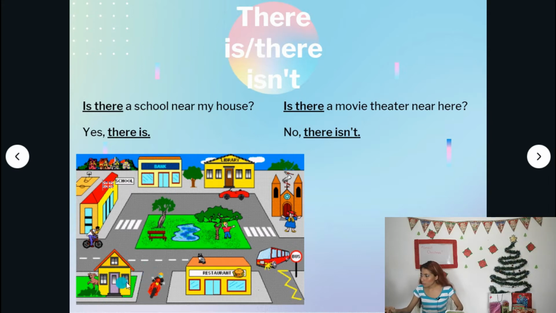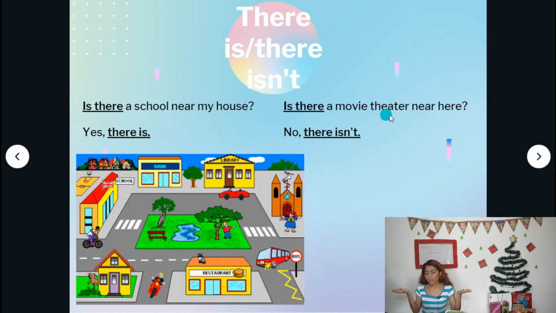And where is the school? The school is here. Is it near? ¿Está cerca o no está cerca? Is it near or it isn't? Yes, there is. We answer. When the answer is positive, we might say, yes, there is. Okay, then we have another example.